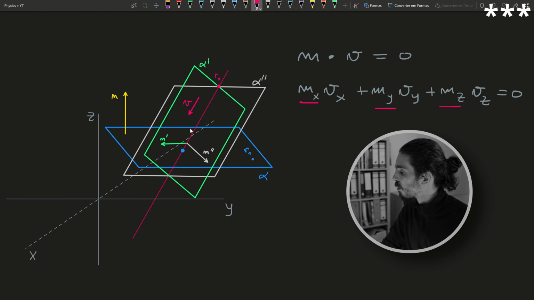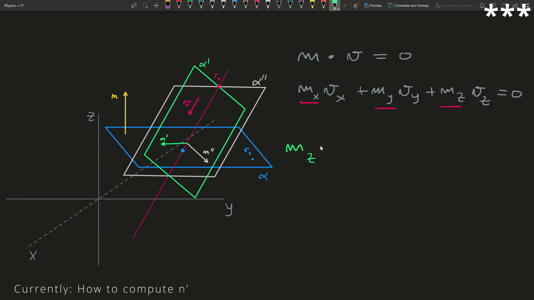As you can see from the following picture, the vector v has many orthogonal vectors. I'm going to introduce additional constraints on top of this equation so that my life is easier in finding those solutions. For example, consider that mz is equal to 0. That renders this term equal to 0, and so what I'm left with is finding mx and my such that this thing is equal to 0.